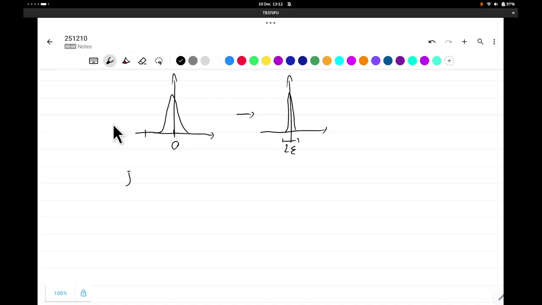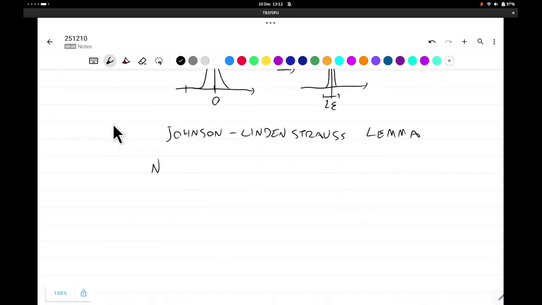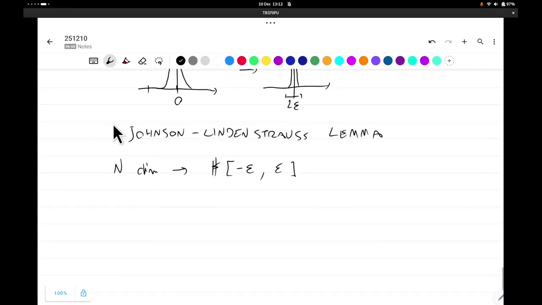It's called the Johnson-Lindenstrauss lemma, which says that if you have n dimensions, the number of pairs that you can construct that have a scalar product between minus epsilon and epsilon, so epsilon arbitrarily small, goes with the exponential of epsilon n.